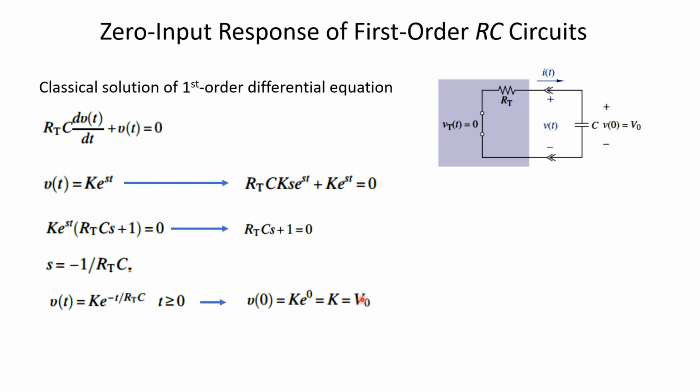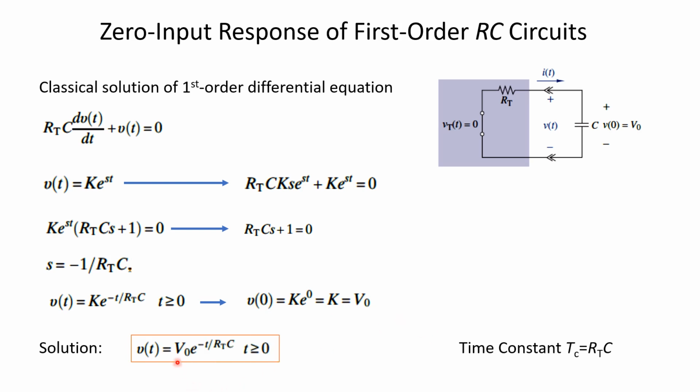So this is the initial voltage across the capacitor, a constant value, some constant voltage across the capacitor right at the instant of t equal to 0. So K is equal to V0, and then we have found K and we have found s. So this is the solution for t equal to or greater than 0.